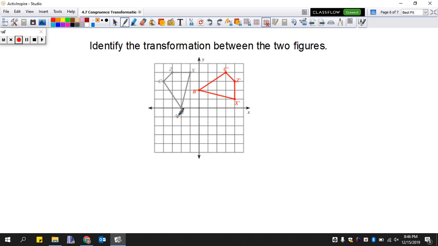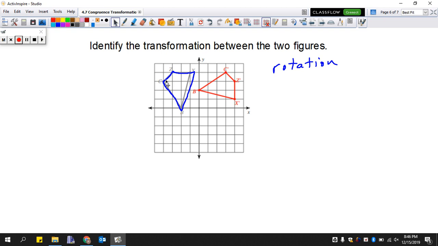This transformation here looks like a rotation. If we look here, this is the original image. This is your prime image or your copy. If I copy it, that's not going to be perfect, but it'll do.